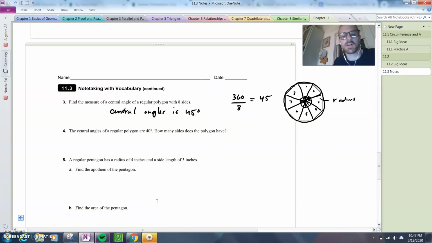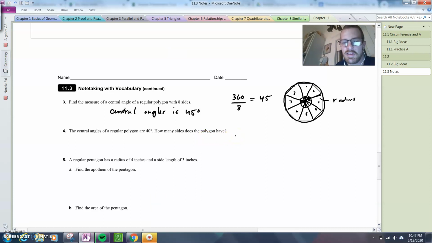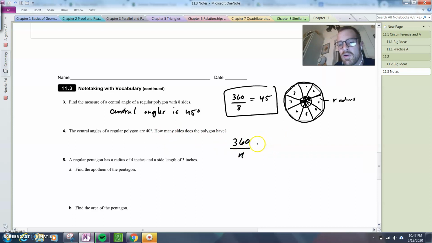The central angle of a regular polygon is 40. How many sides does this polygon have? Well, now you have the idea of this, let's kind of go backwards here. So remember, we take 360, we break it up by how many sides it has. Let's use n for the variable there. And now we're getting 40.